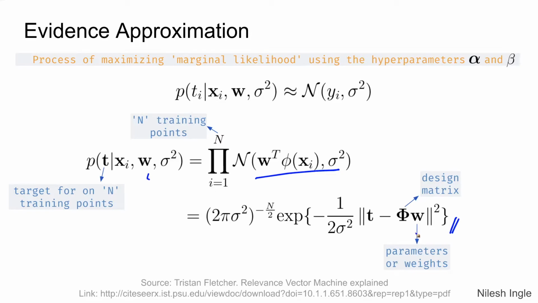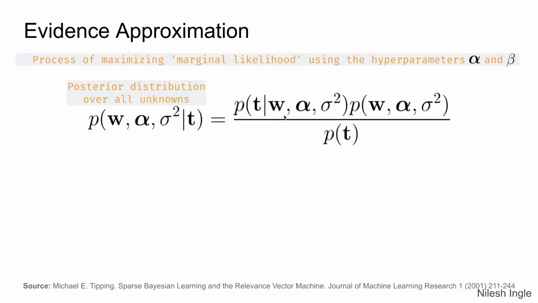Now based on that, we can move forward and see what we have. So here we have this equation, which is similar to what we have seen before, where the posterior is equal to the likelihood into prior divided by the marginal likelihood.